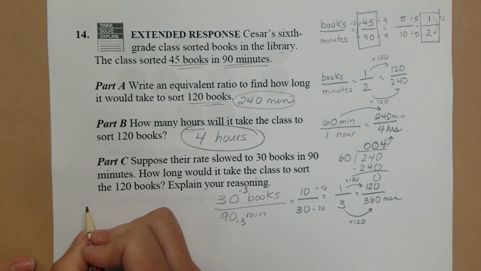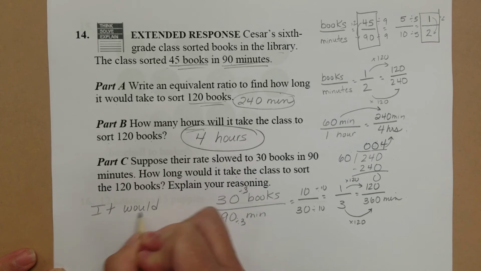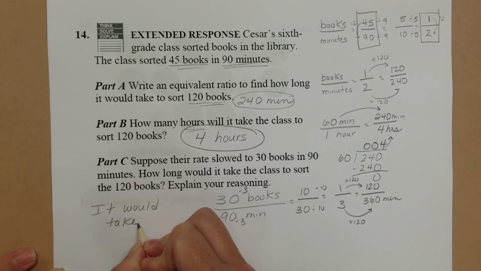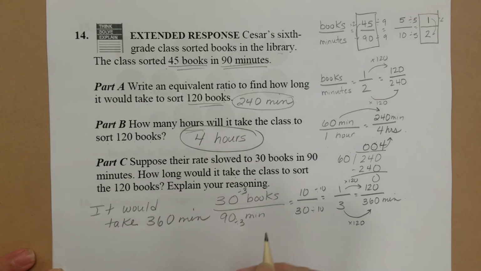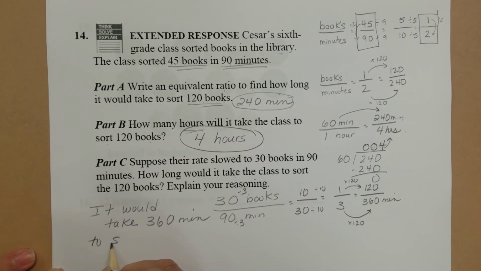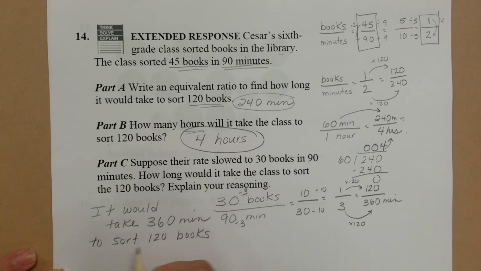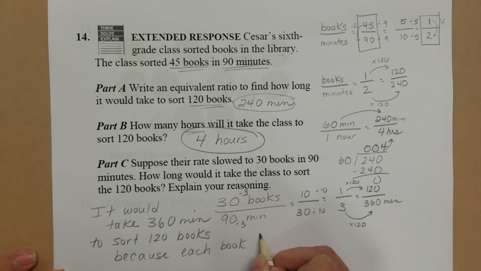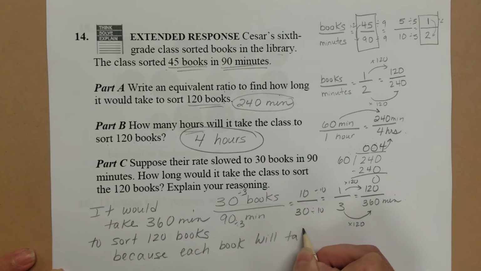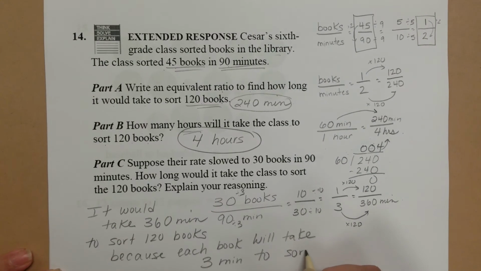It would take 360 minutes to sort 120 books because each book will take 3 minutes to sort.